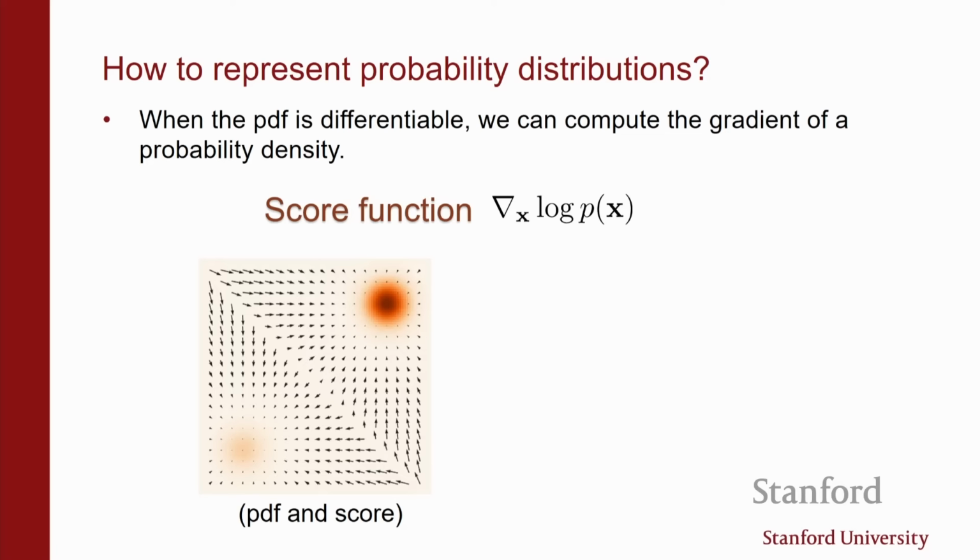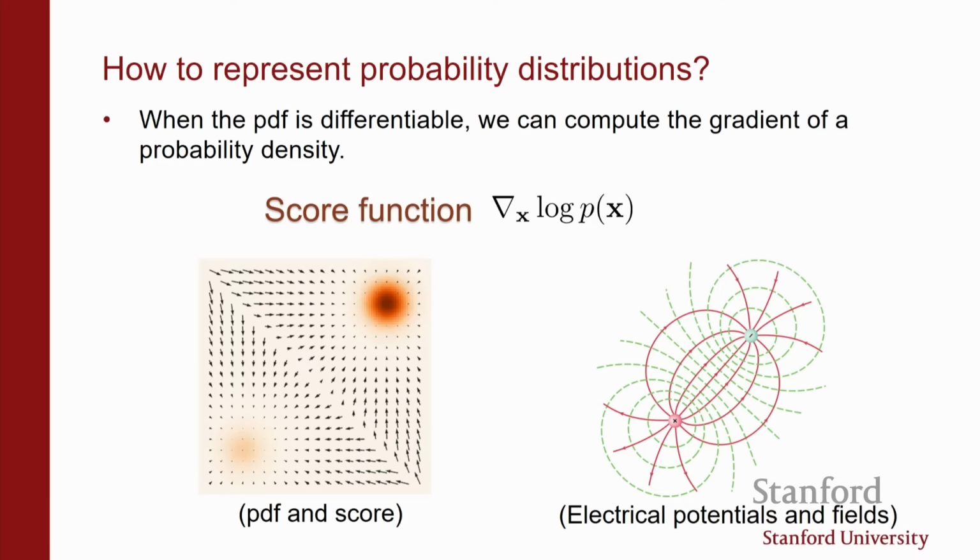So it's a vector field where at every point the arrow tells you the direction you should follow if you want to increase the log likelihood most rapidly. These two are equivalent views. If you like analogies with physics, this is like describing a physical system in terms of electric potentials or electric fields. They're the same, but computationally it might be advantageous, as we'll see, to work with one versus the other.